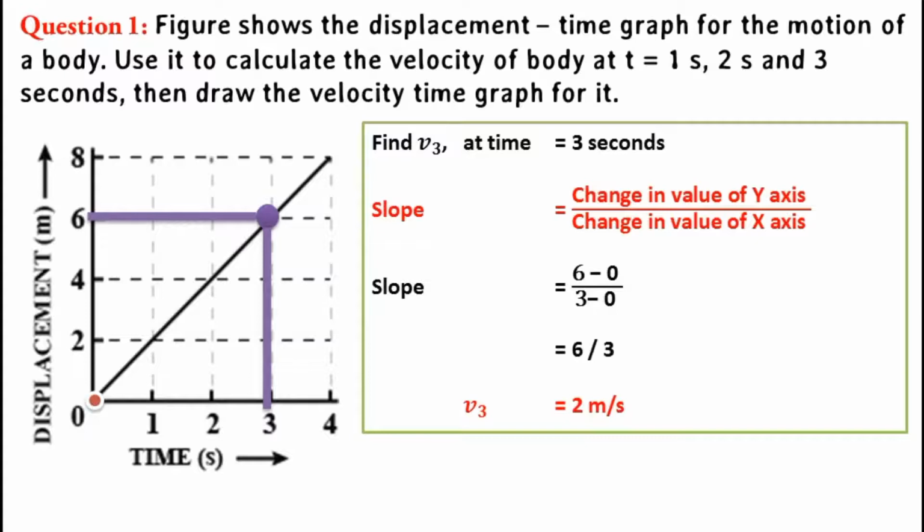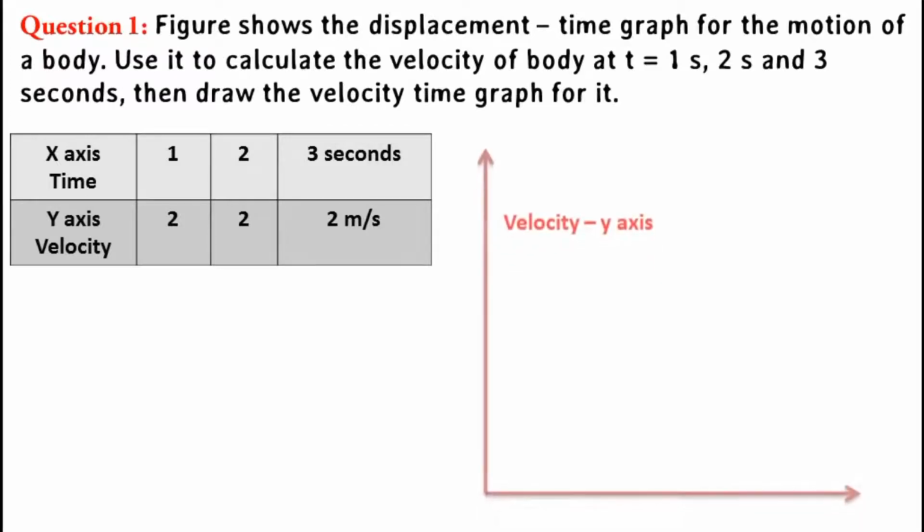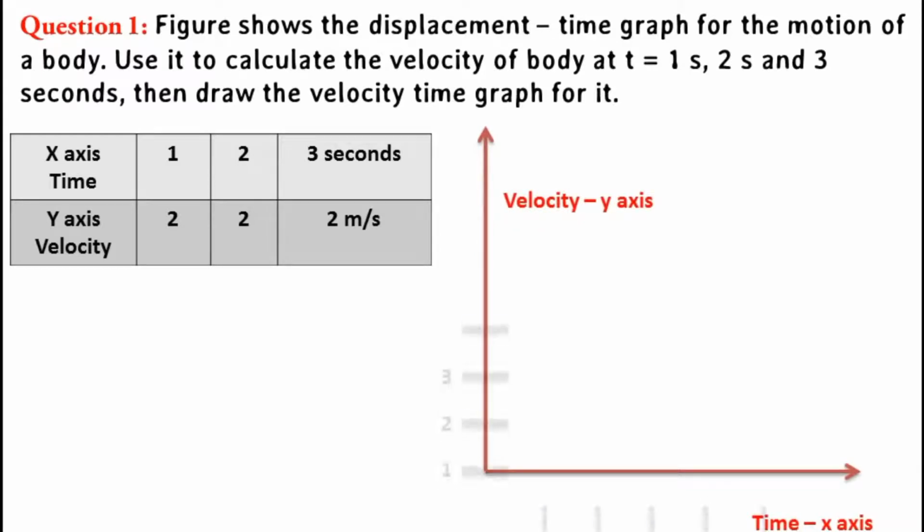Now to draw the velocity time graph, first let us make a table with values. Table we can draw like this. On the x-axis we have the values of time 1, 2, 3. And on the y-axis we have the values 2, 2 and 2 meter per second. Then draw the x-axis and y-axis, then mark the values on it.